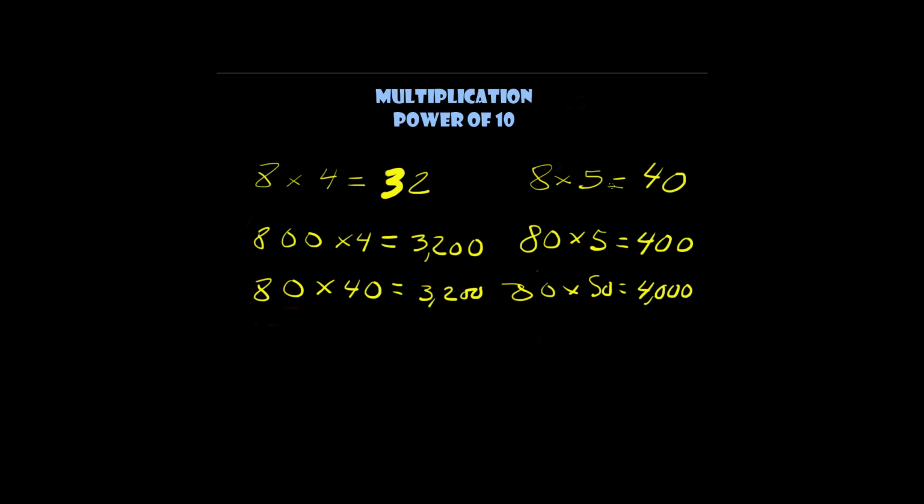Because our multiplication fact already had the answer of a 0 in it. So 8 times 5 is 40. So think of another example that would follow the same pattern. Basically any of your 5s. So if we did 4 times 5 is 20. Okay, it's going to follow the same pattern. Same thing if we did things times tens or times hundreds, it's going to have that extra 0 in there as well.